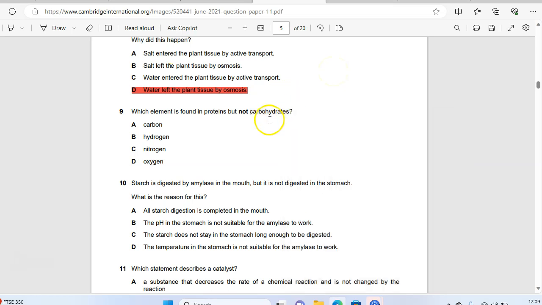So carbohydrates contain carbon, hydrogen, and oxygen. Only these three elements are going to be in a carbohydrate. Eliminate these and you're going to have the answer: nitrogen. Nitrogen is an element which is found in proteins only.